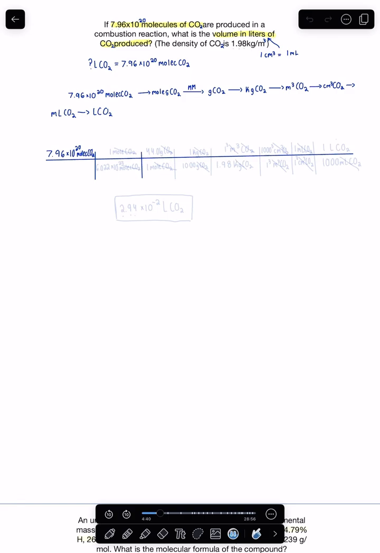So this is where we're going to use Avogadro's number. Sometimes it's easy to think that that is only for atoms, but it is for atoms and molecules. So that is 6.022 times 10 to the power of 23.